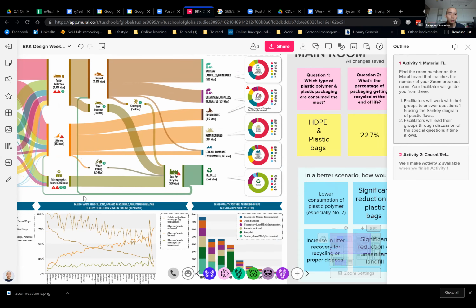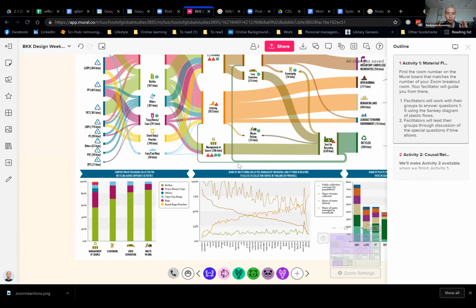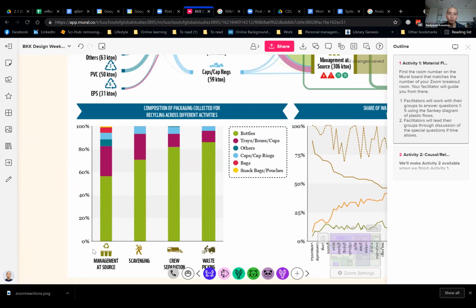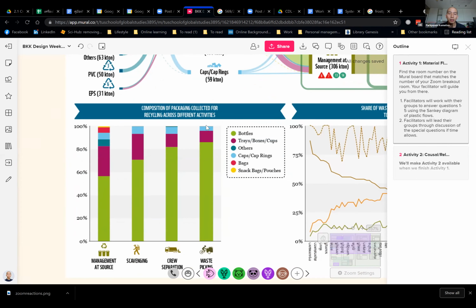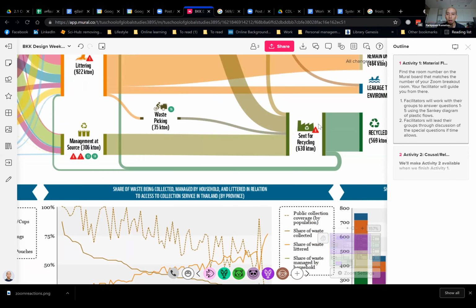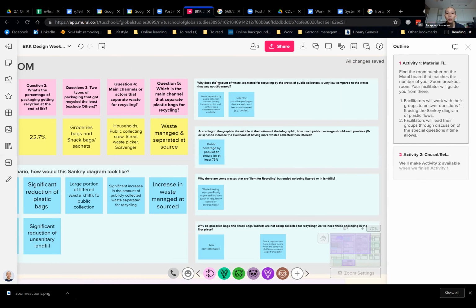The only actor that actually managed to recycle the plastic bag is the management at source by households and businesses. The reasons why they are not being recycled by other actors I'll get to in the special questions, so let's start with the first one.